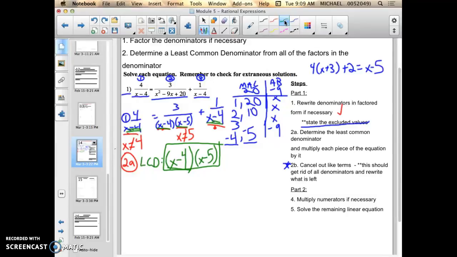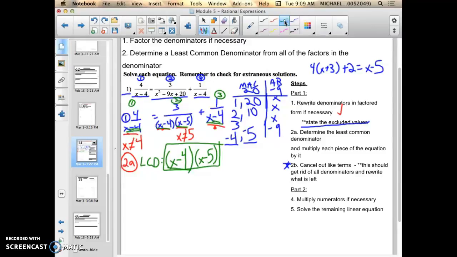From there, I multiply each piece of the equation by my least common denominator. So I go back to step 1. I have a piece here, remember? This is first piece, second piece, third piece.